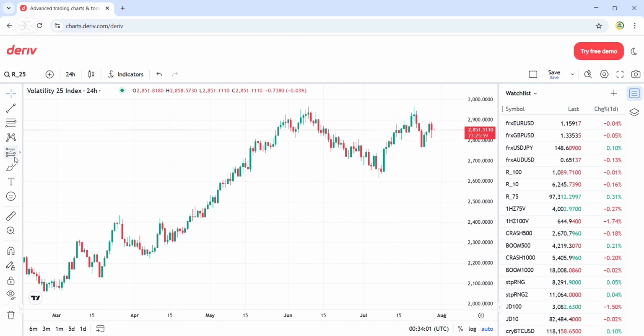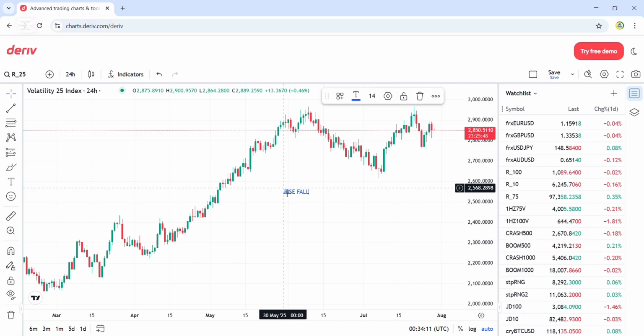I'll pick this text here and tell you the common markets that we'll be doing. It's rise, fall. Then we have even, odd. Then we have what we call over, under.